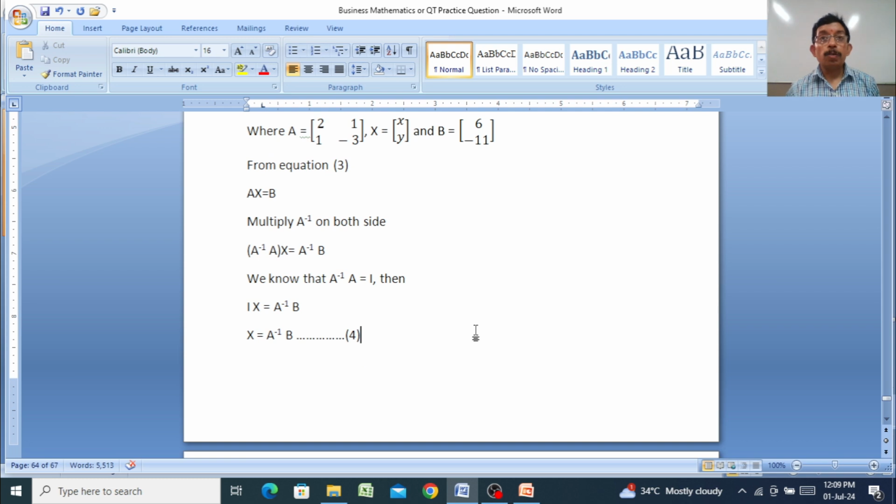Now we find the values of A inverse and B. First we find the value of A inverse.